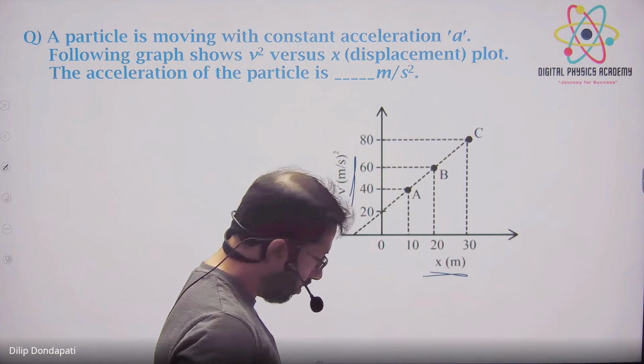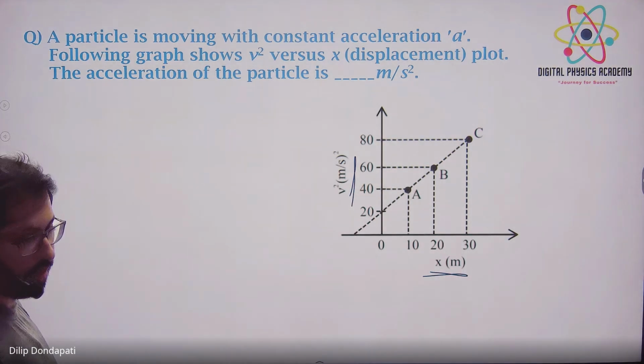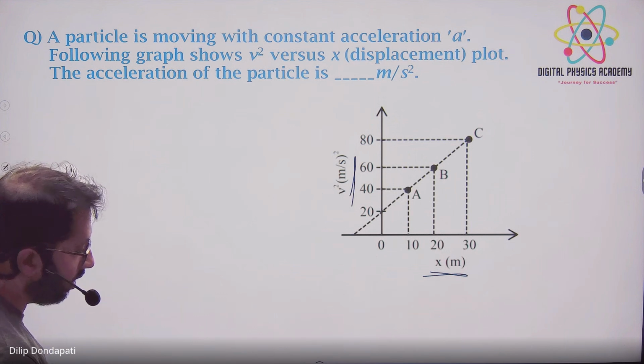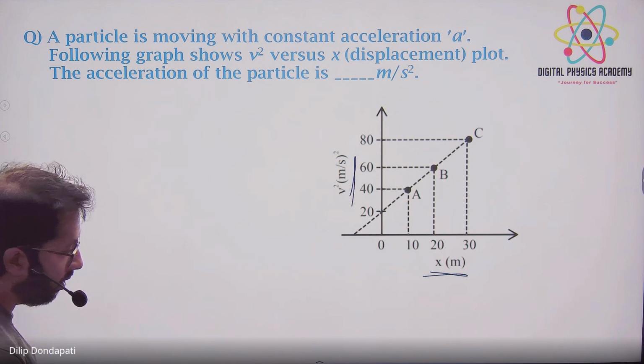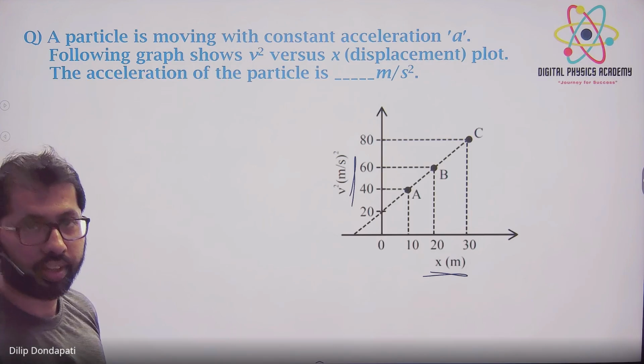It is a numerical based question. From A to B, B to C, see, is the slope the same or not? The slope of a straight line is the same, it's constant. You can take any two points. Anything you can take for the slope.